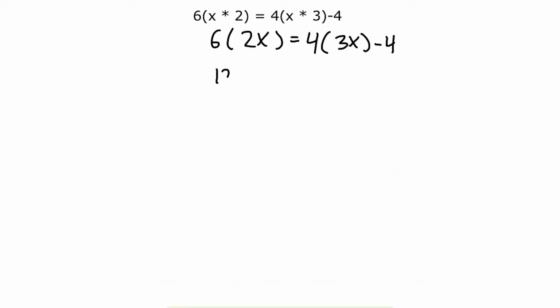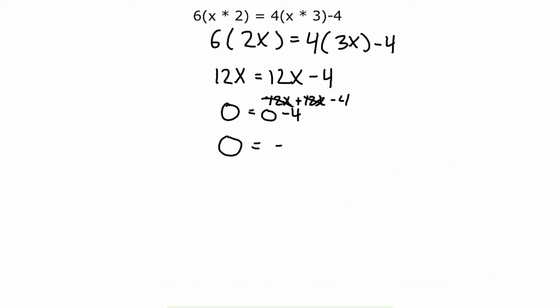I'm going to do 12x equals 12x minus 4. Now I'm going to make it equal 0, so I'm going to subtract 12x from both sides. That means I'm going to get 0 equals, but wait a minute, I'm going to have minus 12x plus 12x minus 4. These two will cancel out, meaning I'm going to have 0 equals minus 4.